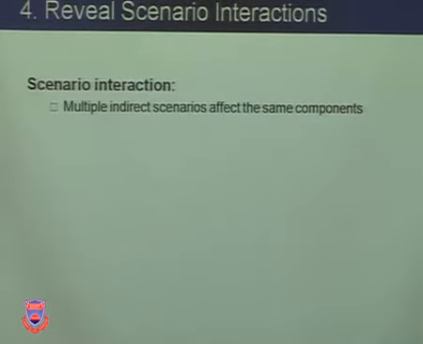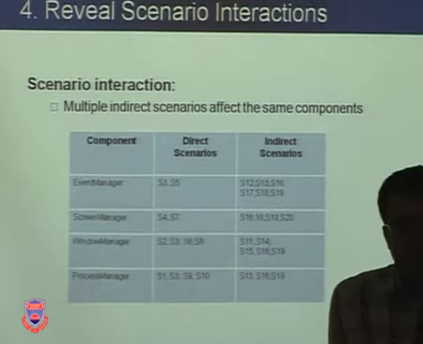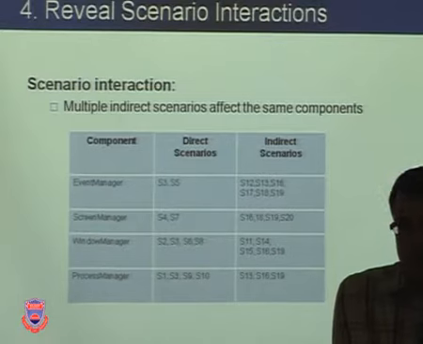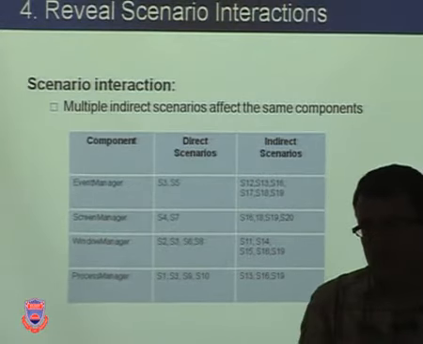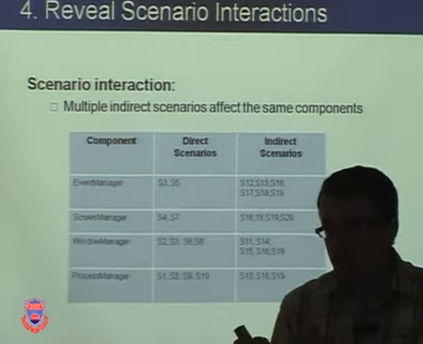Well, fourth step, reveal scenario interaction. This is the result of this case. Again, so remember then, the third step, we look from the scenario perspective. We take a scenario and then check which components it impacts. The fourth step, we look at each component, okay?